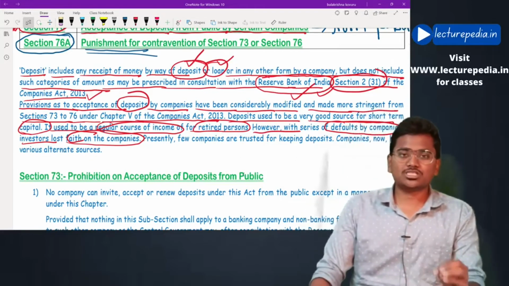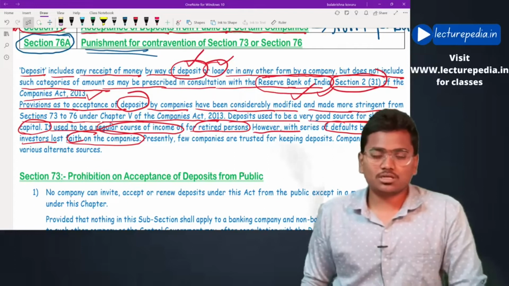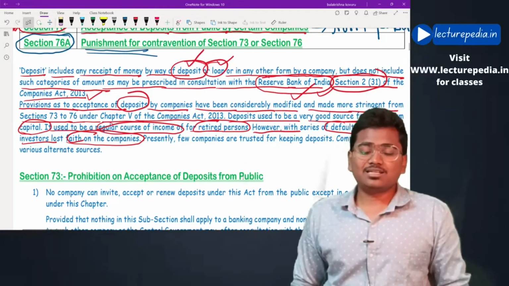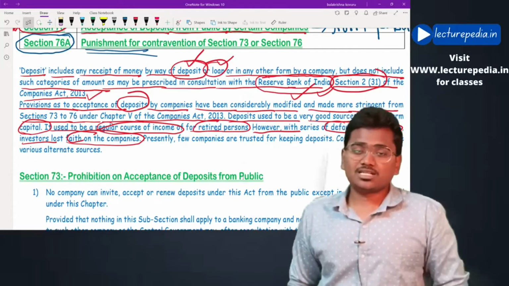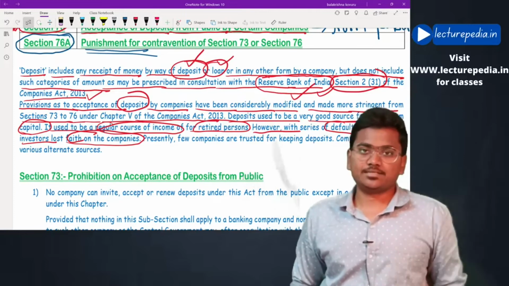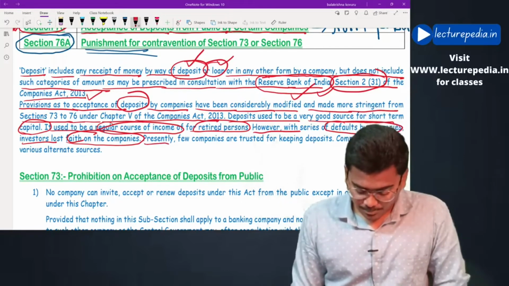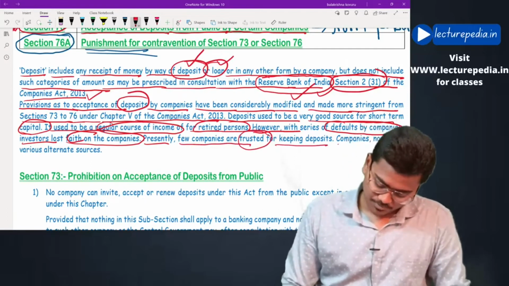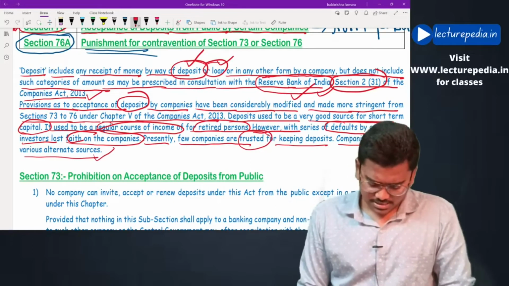This was causing huge loss to the public. Considering this, the laws related to acceptance of these deposits have now been made more stringent. Presently few companies are trusted for keeping deposits. Companies now have various alternate sources.